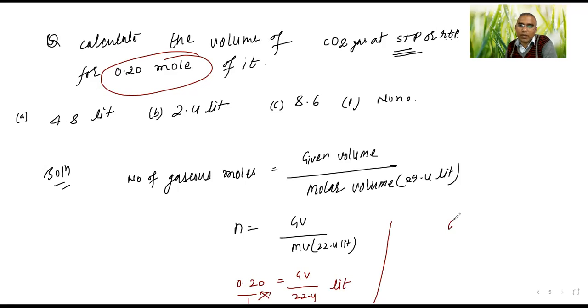So given volume is equal to 0.20 multiplied by 22.4. Multiplying, 2 fours are 8, and 2 twos are 4, 2 twos are 4, and after two decimal digits, that is 4.48. So 4.48, but no option is matching here.